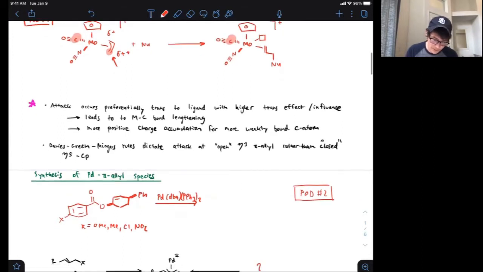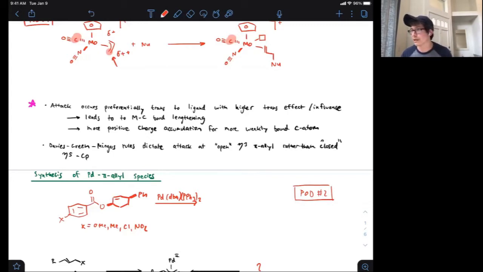So, okay. So just to read through these rules then and unpack them. So attack of nucleophile occurs preferentially trans to the ligand with a higher trans effect or influence. You see this in terms of the physical manifestation of this. You'll see this in the X-ray crystal structures by lengthening of the metal carbon bond.